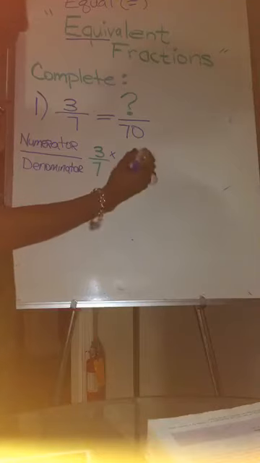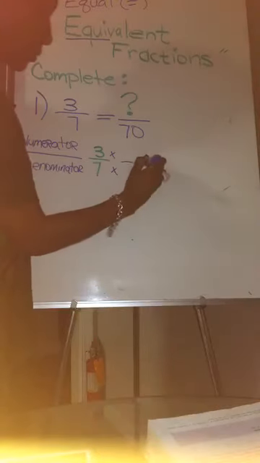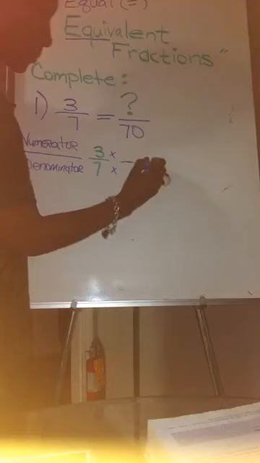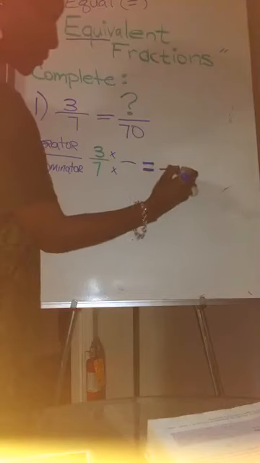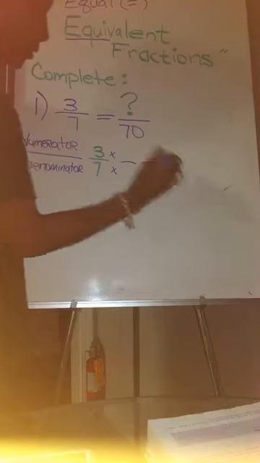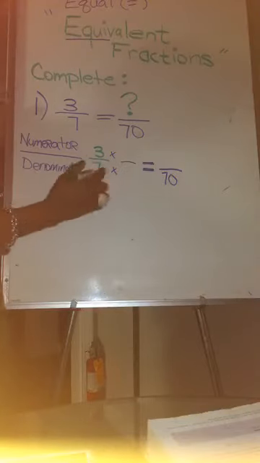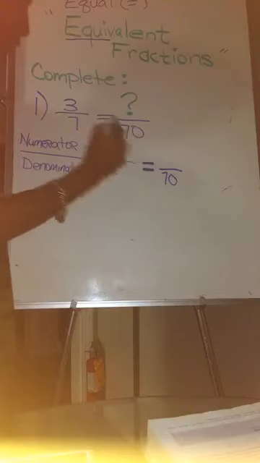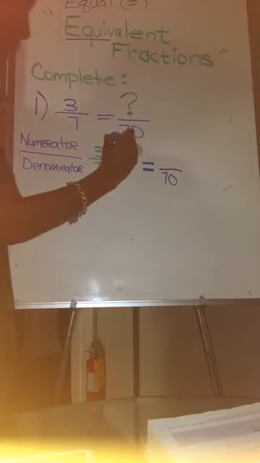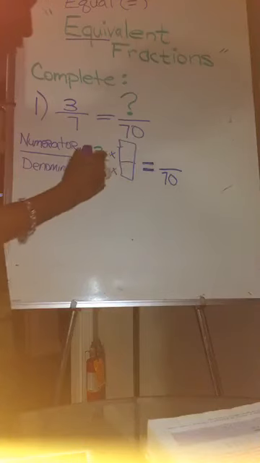So let me put my equal here. And we want 70 here. And we don't know what this number is going to be, but I'm going to create a number 1 here because it cancels and goes to a 1.